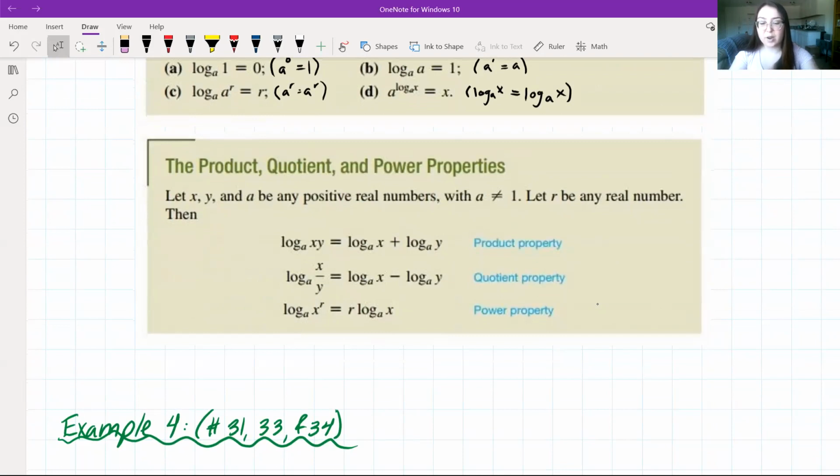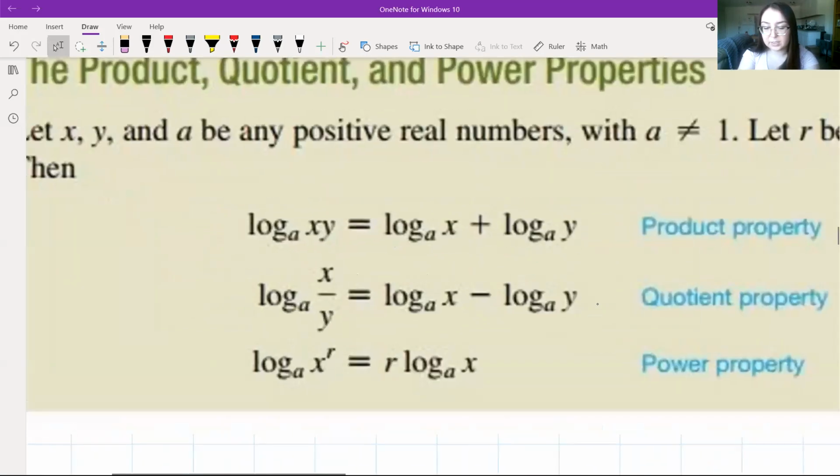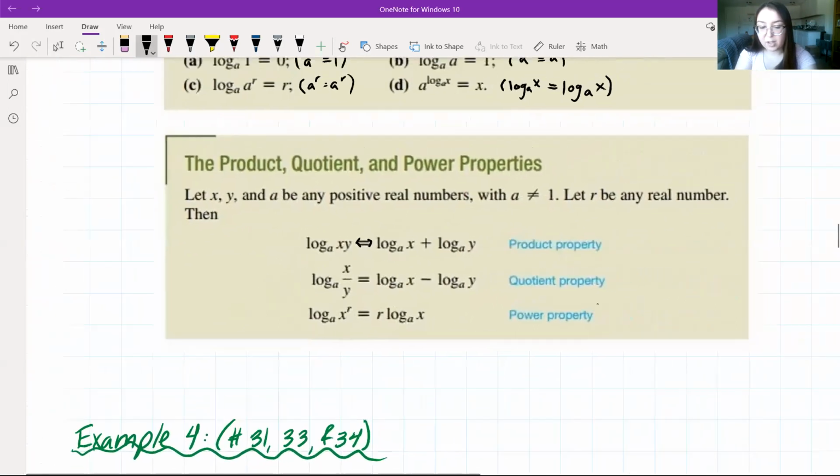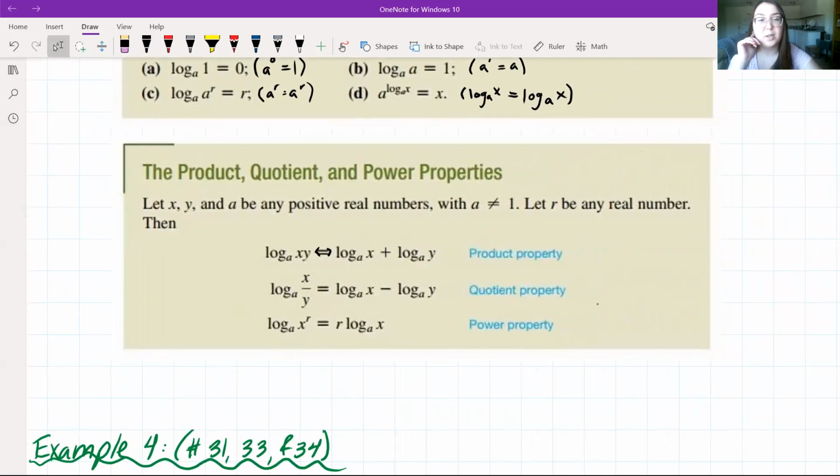And these can go either way, so you can draw arrows here. If you have log base a of x times y, you can separate it into log base a of x plus log base a of y. Or if you have log base a of x plus log base a of y, we could turn that into log base a of x times y. That's a mouthful.